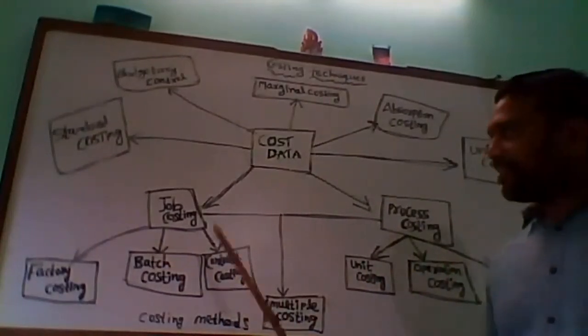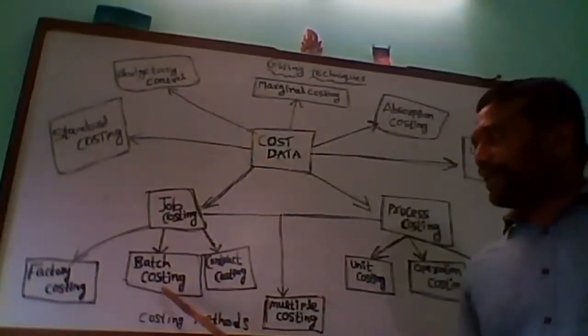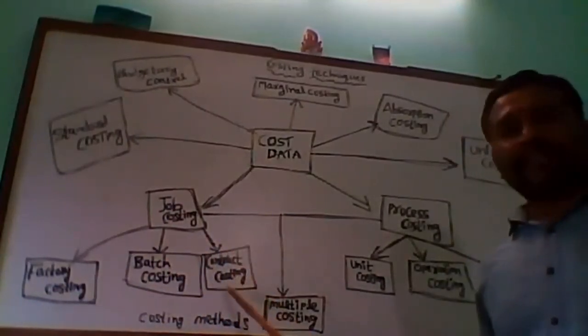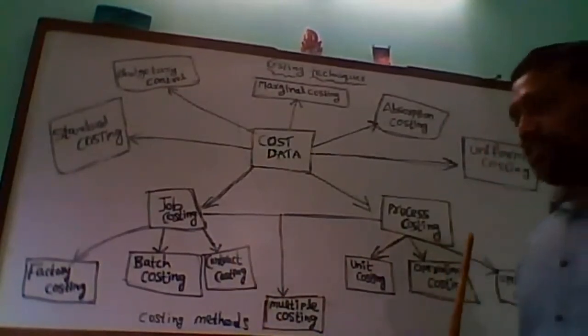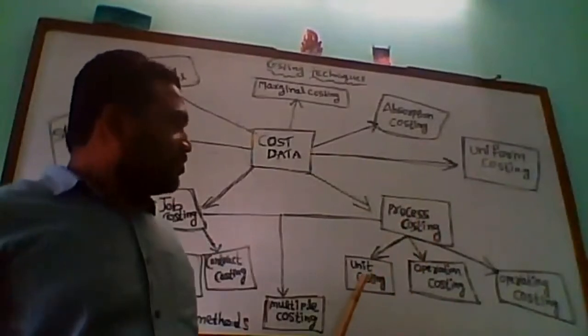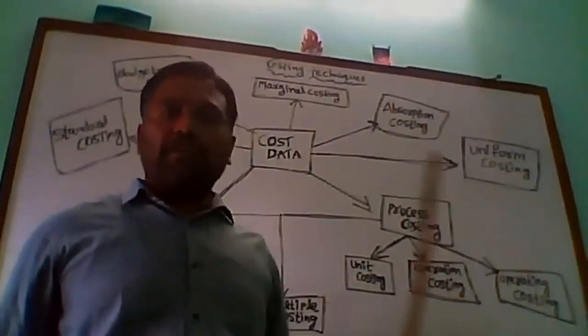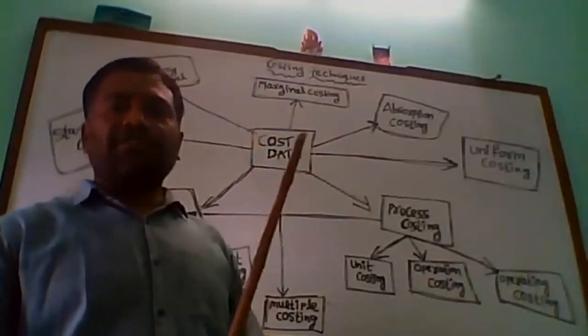What are the methods? Under job, there are three: factory costing, batch costing, and contract costing. And coming to process costing: unit costing, operation costing, and operating costing.